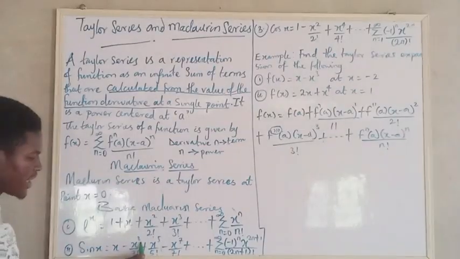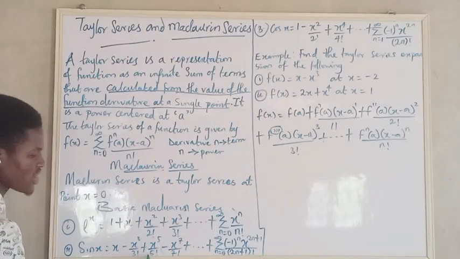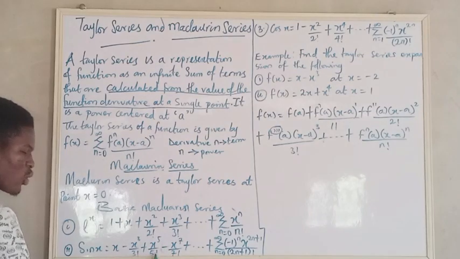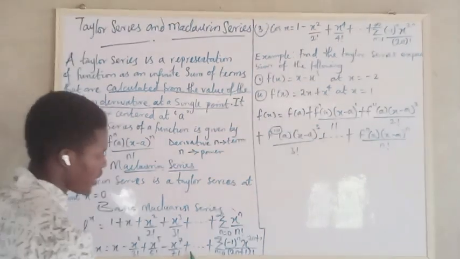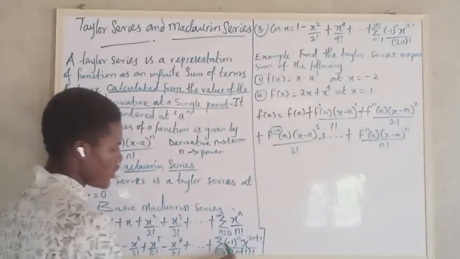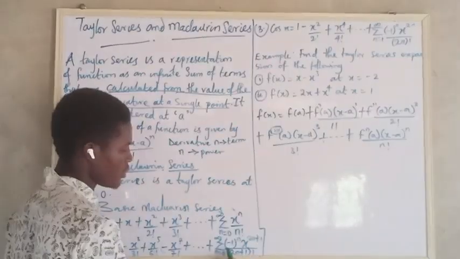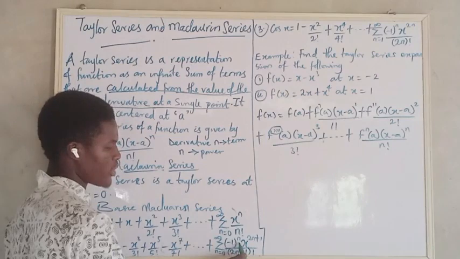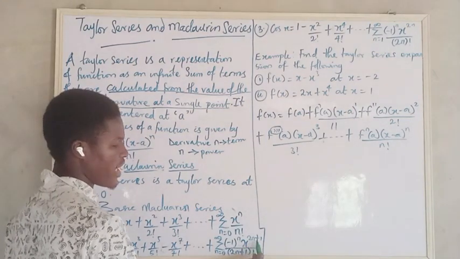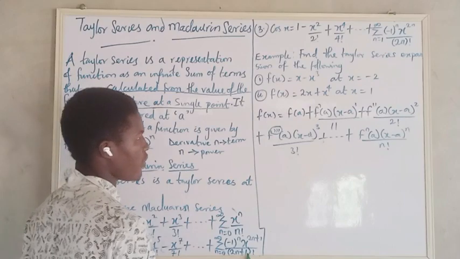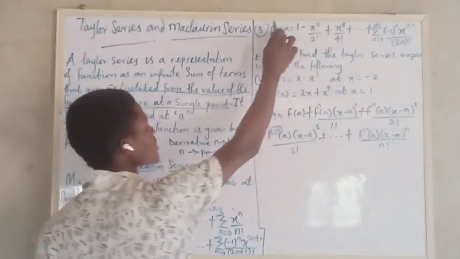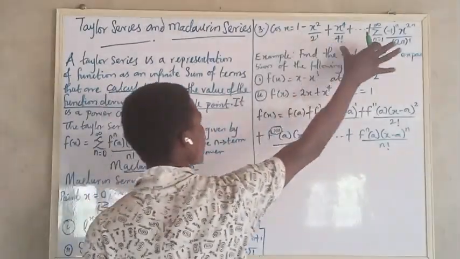And then for sine, it is x minus x raised to power 3 over 3 factorial plus x raised to power 5 over 5 factorial minus x raised to power 7 over 7 factorial, plus up to the summation from n equals 0 of minus 1 raised to power n multiplied by x raised to power 2n plus 1 over 2n plus 1 factorial. Alright? Then we have for cos x also, which is similar.